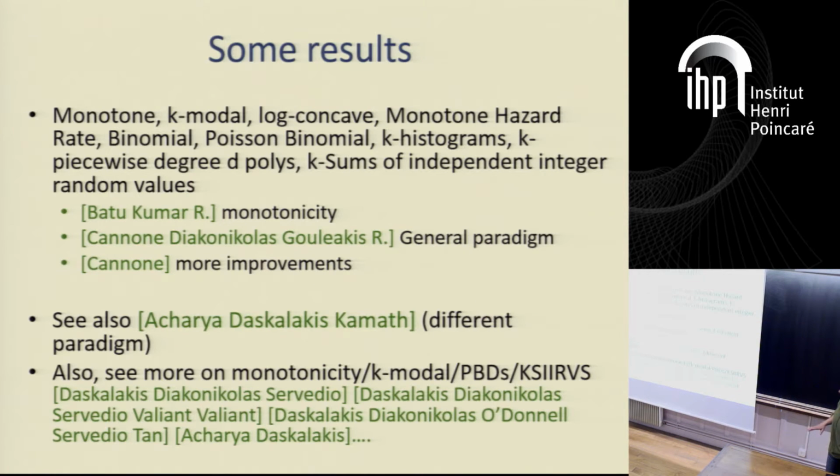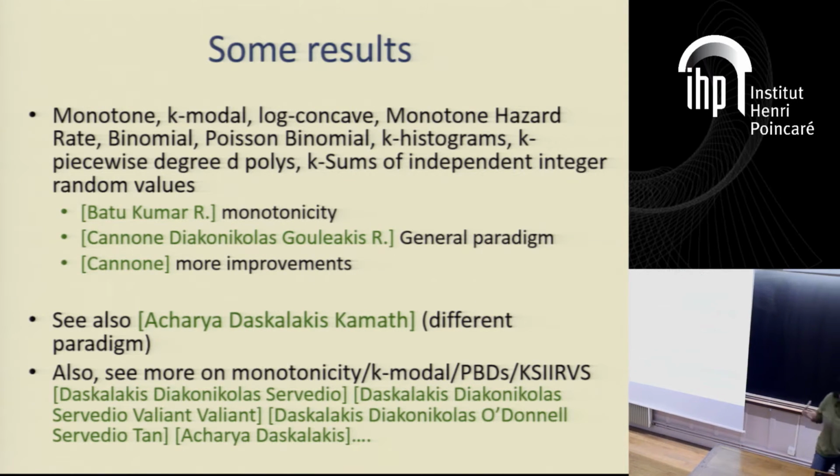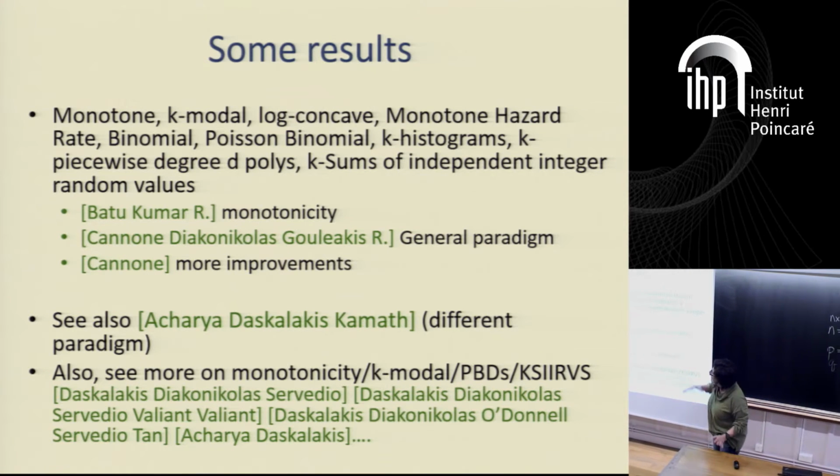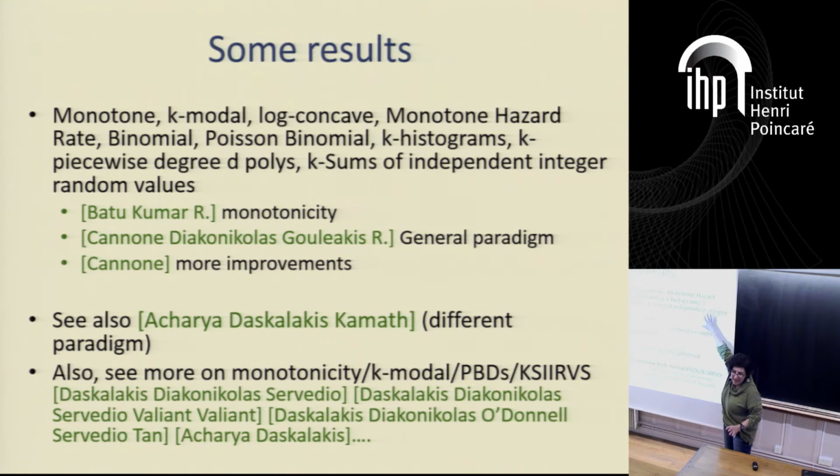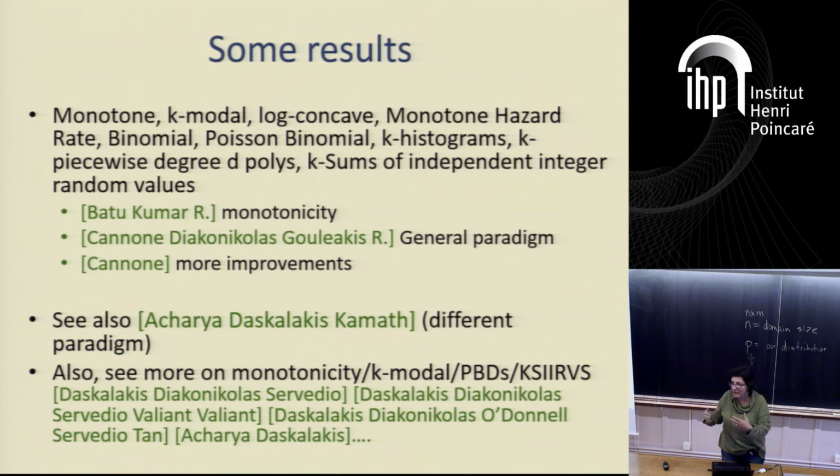Okay. All right. So you can use this kind of methodology to look at all these classes. Batu et al. looked at monotonicity. Canonne et al. looked at this as a general paradigm and looked at all these different things. For each one you have to show that it's close to k-flat, and for each one you have to give an algorithm which allows you to estimate whether a particular k-flat distribution is close to being in the class or not.